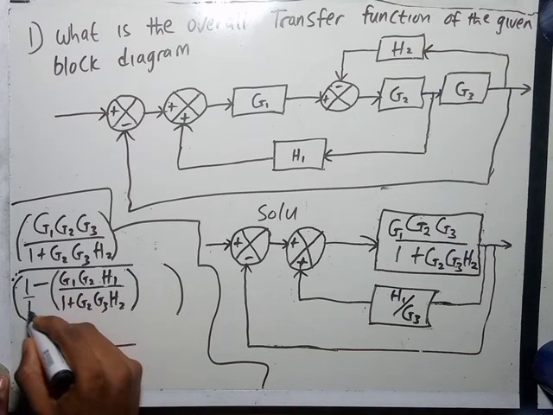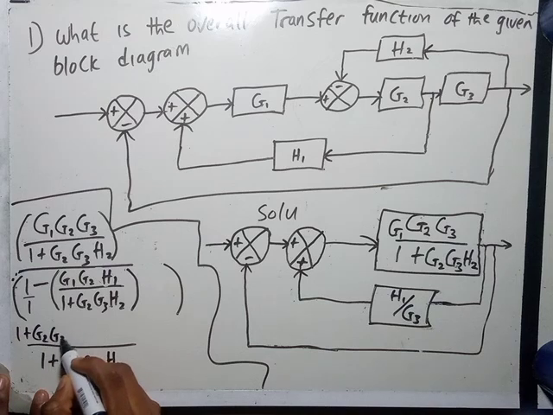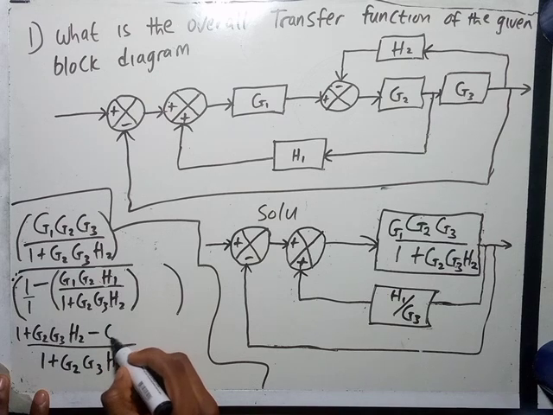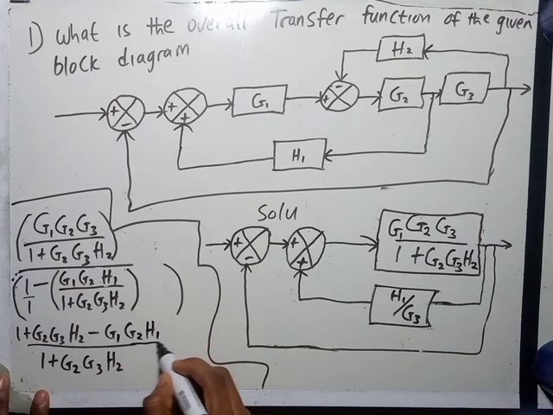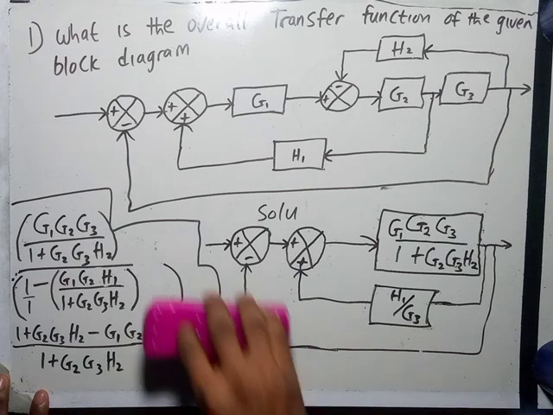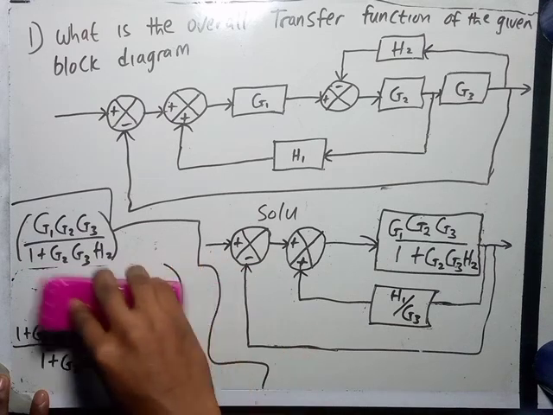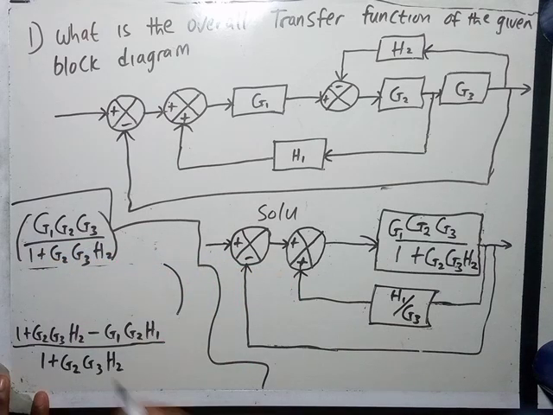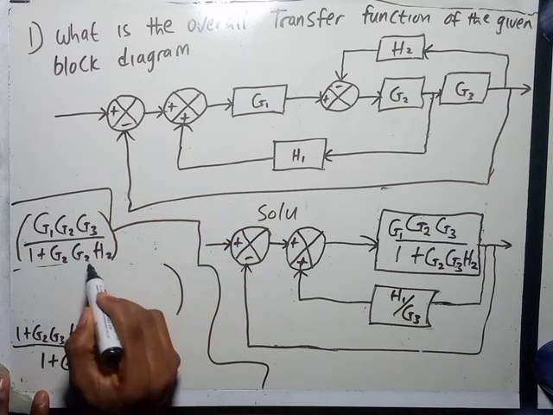Now this will divide this. We have this multiplied by that. We'll be having, let's repeat the same thing, G2 G3 H2 minus G1 G2 H1. So we can replace this denominator with this value. When you have found the LCM, you can now replace the whole of the denominator with that value.